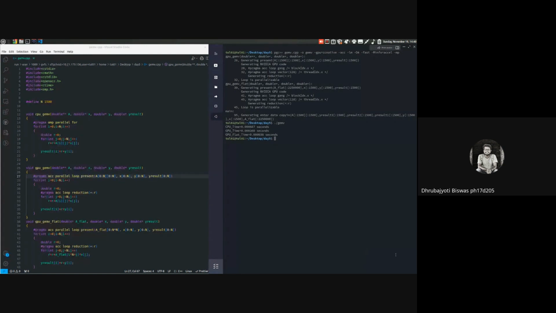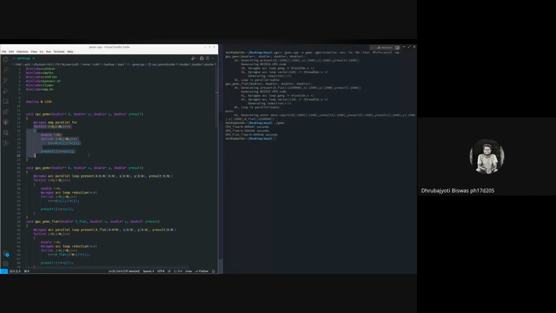Yeah, so you see it takes around half the time. The GPU takes around half the time, and if you have flattened it, it takes an order of magnitude less time. So again, if you now look at the code, it is just simple matrix vector multiplication. You have one i loop which goes over all the elements of the vector. For each element, I am taking from y and storing it in y result.